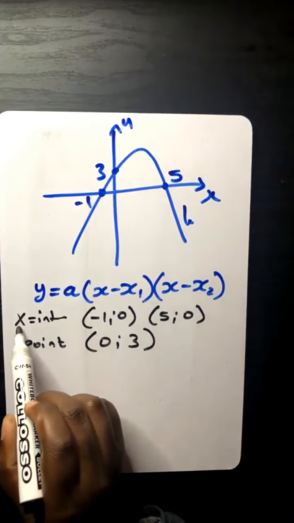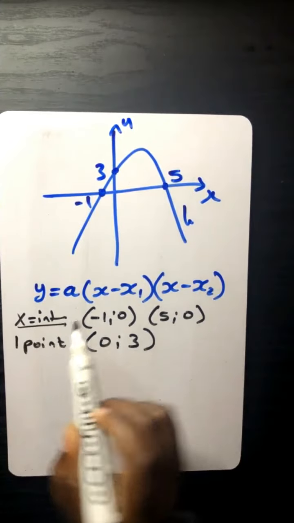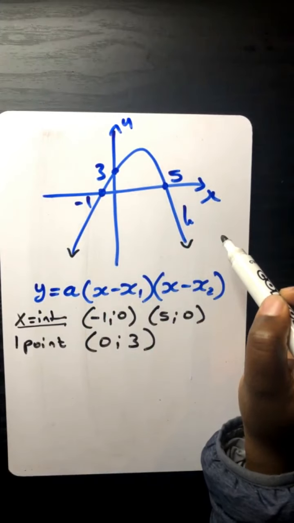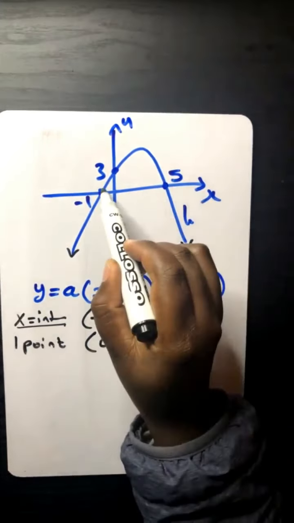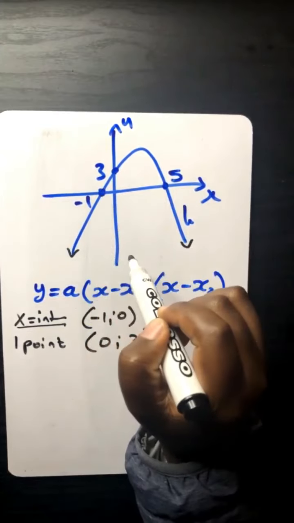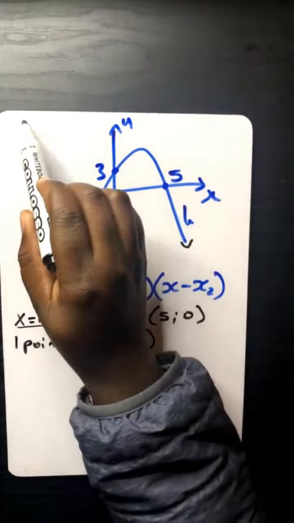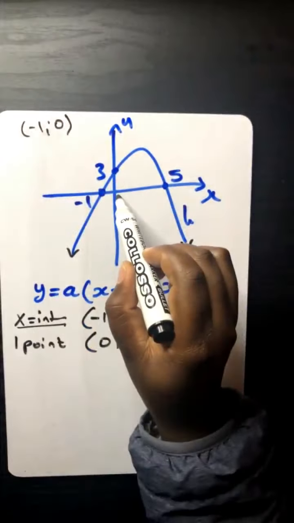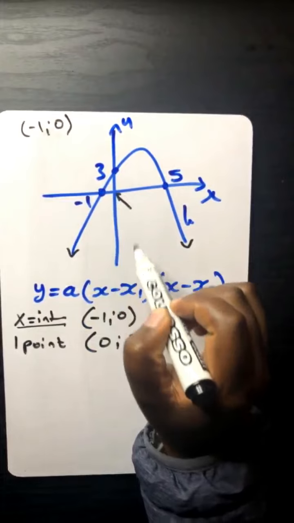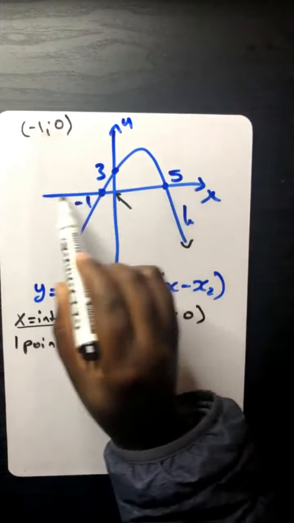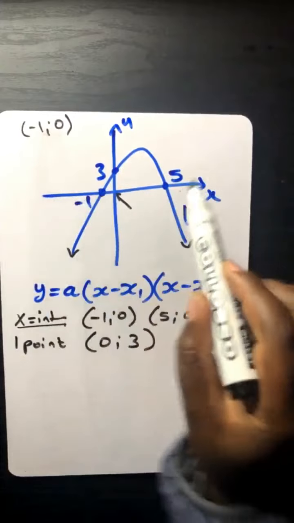Remember, the x-intercepts are where your function touches the x-axis. So that point is -1, which means this is where y is 0. So we have -1 where y is 0. For any point that lies along that line, y is 0.